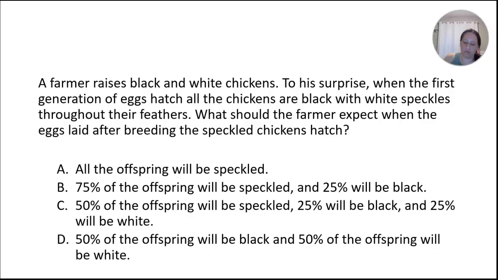So again, you want to make sure that you designate it that way. Don't use a capital B and lowercase b. And so then you have to do the cross. So if you cross two speckles, so B1B2 times B1B2. And again, you might already know the answer to this just by looking at this. But if you need to do the Punnett square, you can. I'll give you a second to do that.